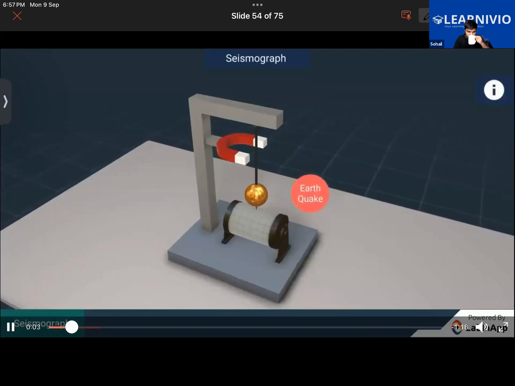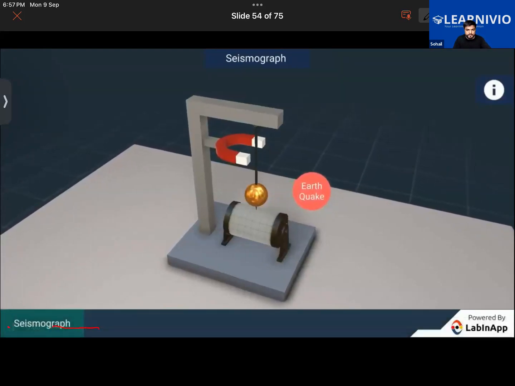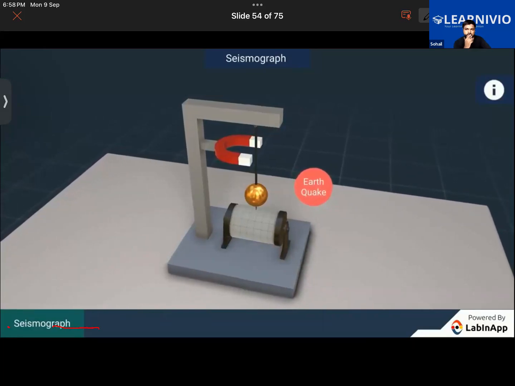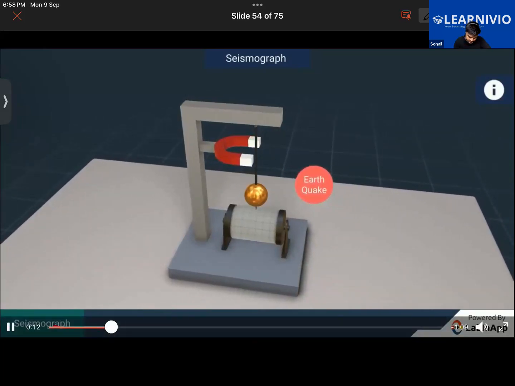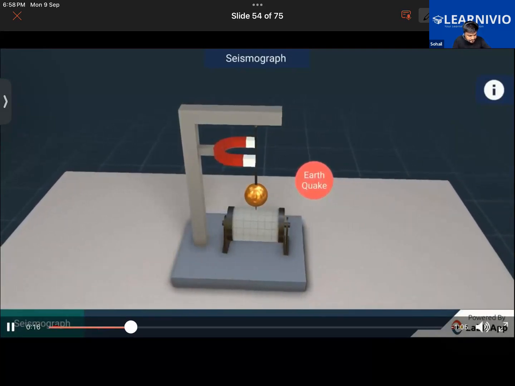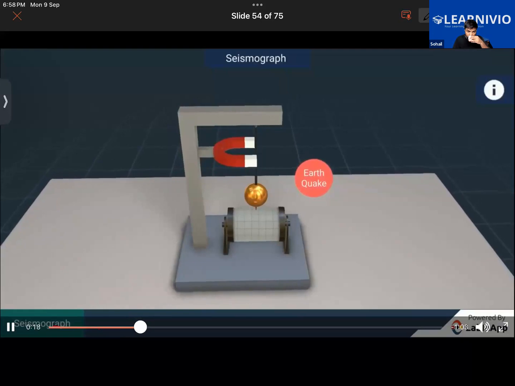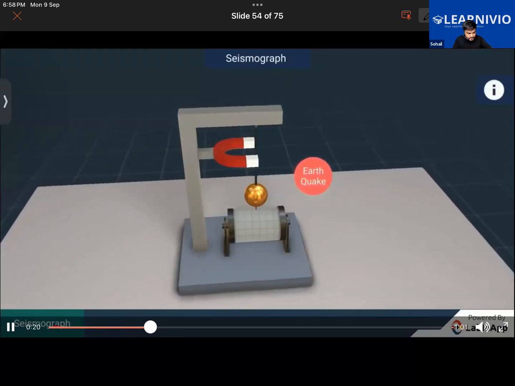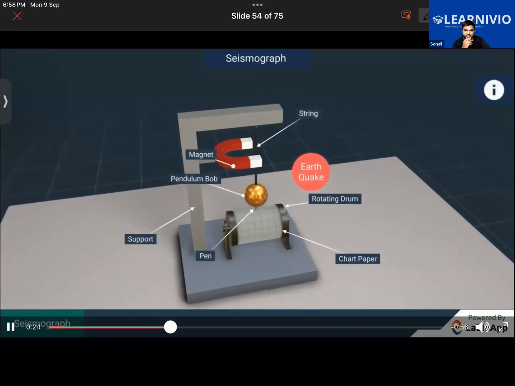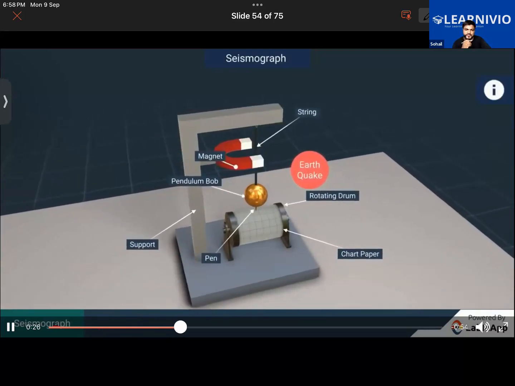We know that earthquakes cause tremors on the earth. The tremors produce waves on the surface of the earth. These are called seismic waves. Seismic waves are recorded by an instrument called the seismograph. The instrument is simply a vibrating rod or a pendulum which starts vibrating when tremors occur.